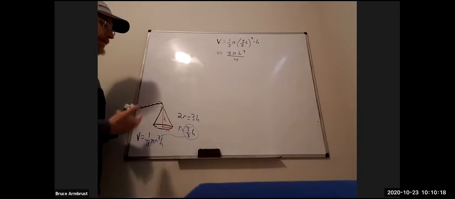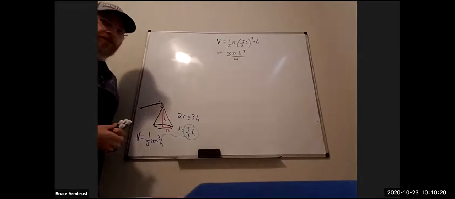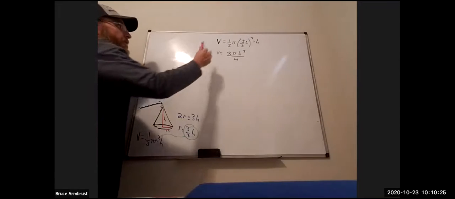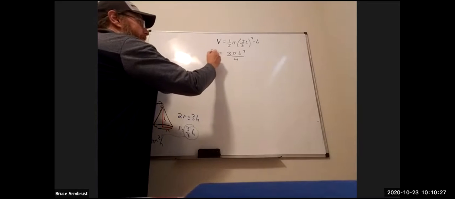All right, so now we've got this relationship between V and h. We're ready to differentiate. So we'll differentiate both sides with respect to t.